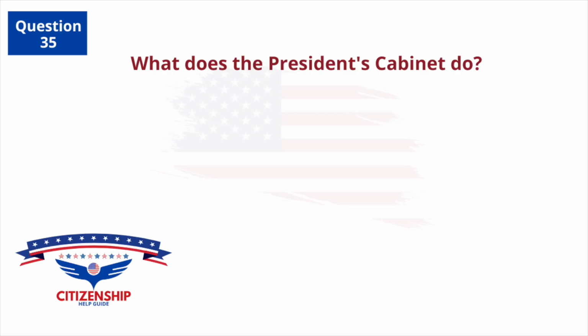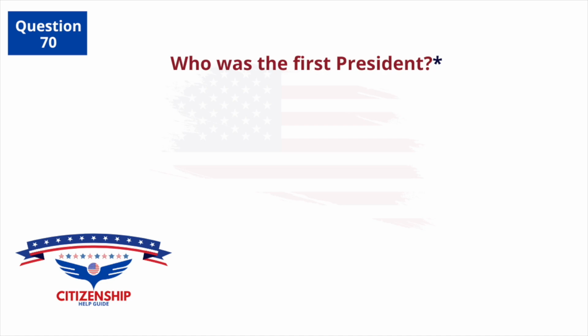What does the President's Cabinet do? Advises the President. Who was the first president? George Washington.